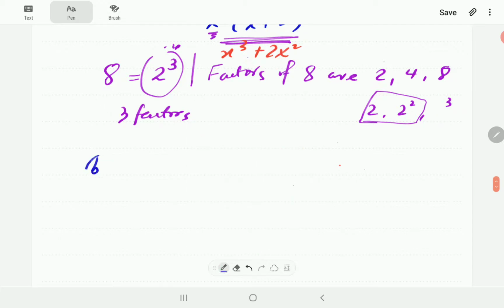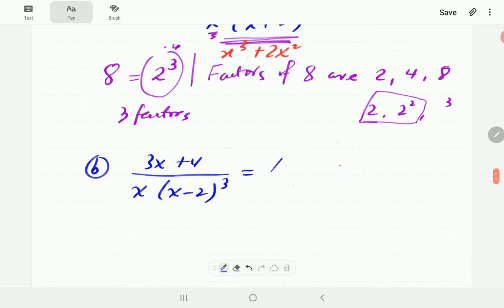repeated factors. Suppose this time we have got 3x plus 4 over x into x minus 2 cubed. So that means here we have got 3 factors.